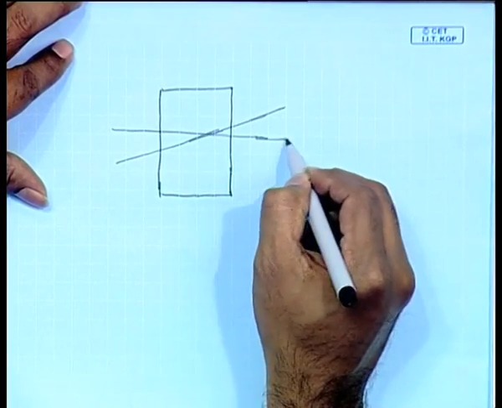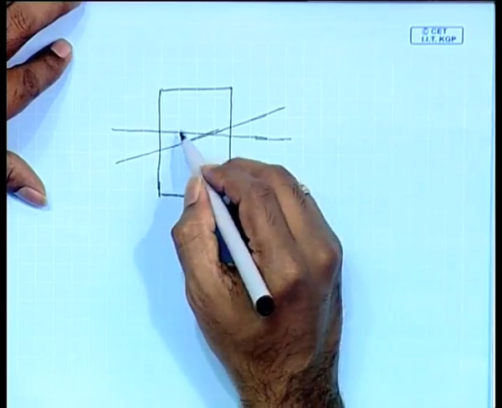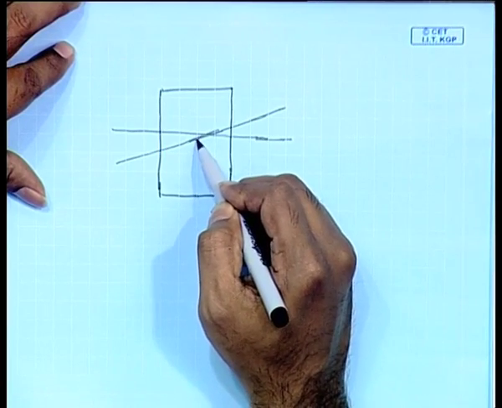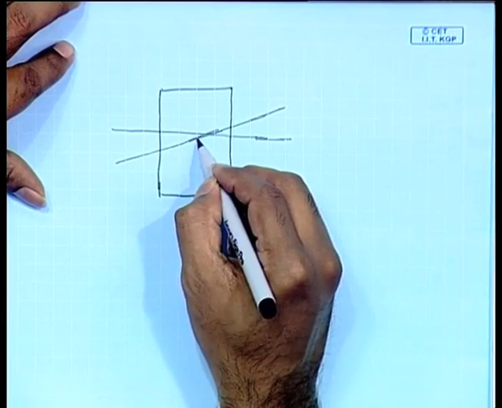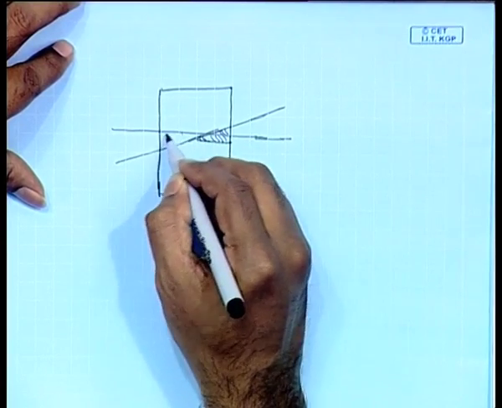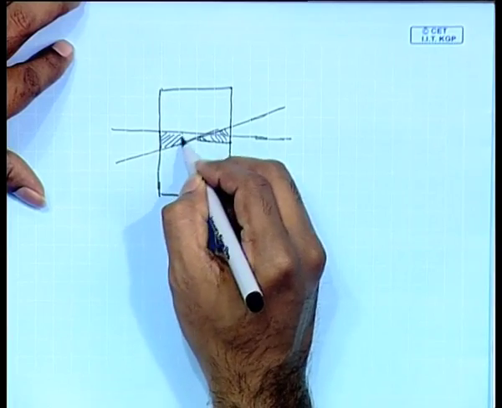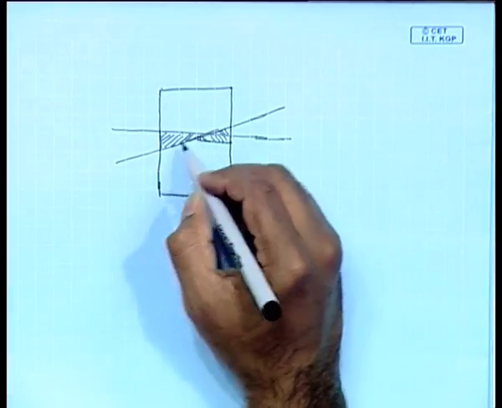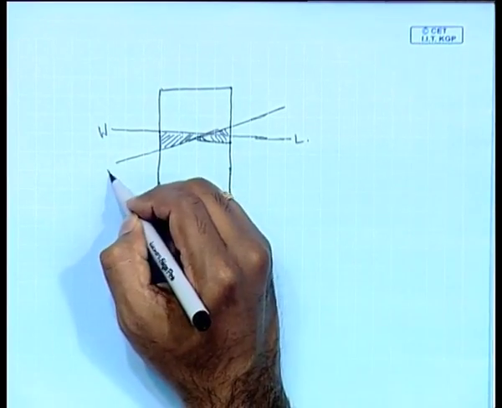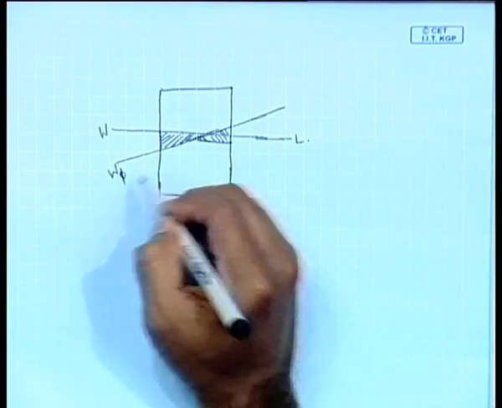If I put a water line like this, the meaning is that this is the new water line. This much region has immersed and this much region has emerged. We call the initial water line WL, then the new water line is W phi L phi.